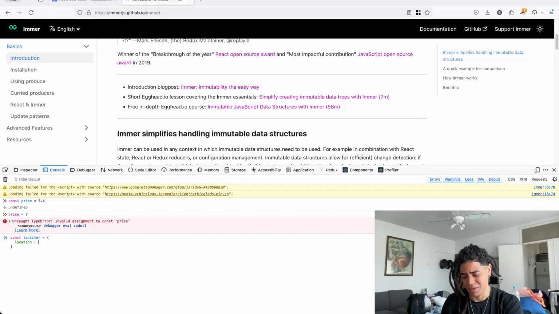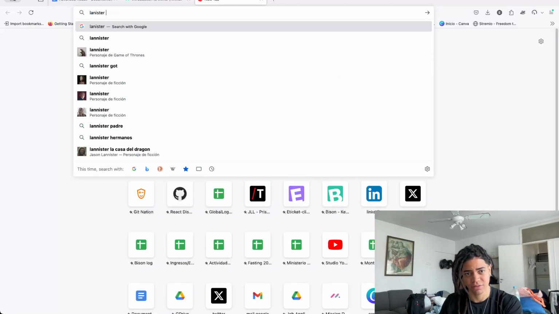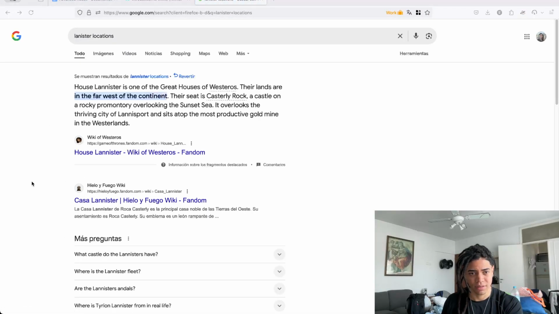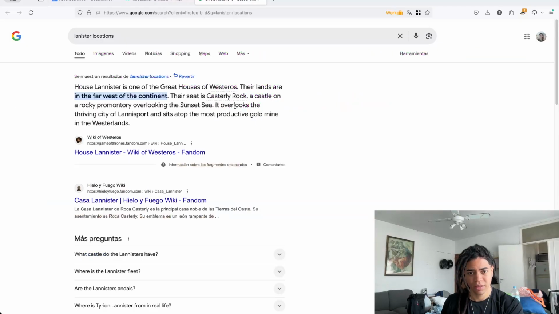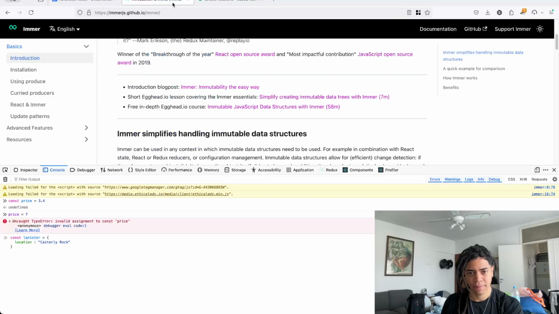I don't know where they live. The Lannister location. This House of Lannister is Casterly Rock. Okay, Casterly Rock. That's right.